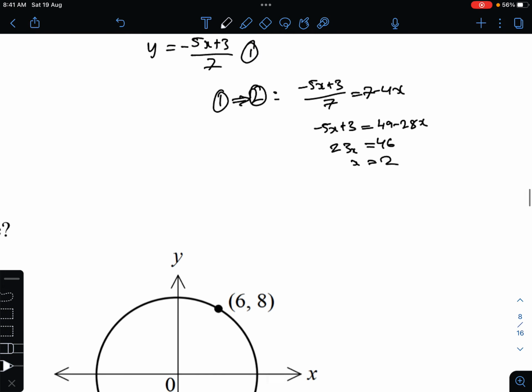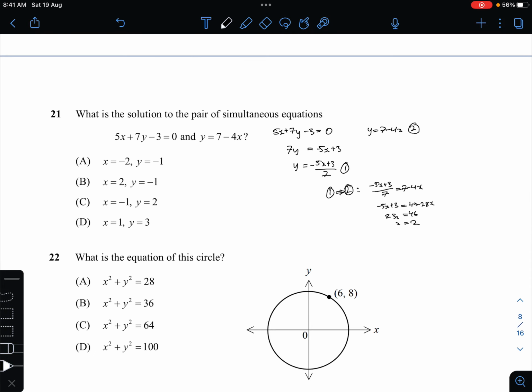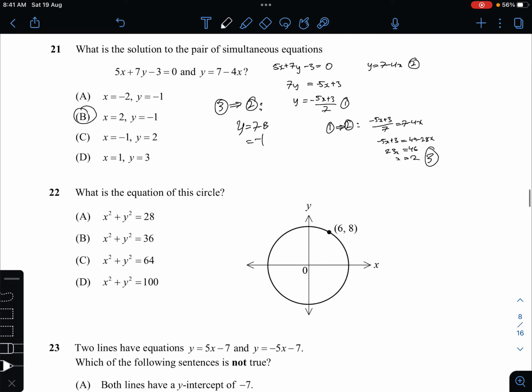So we find x equals 2, and then you sub that in. Equation 2 seems the easiest. y equals 7 minus 8 equals negative 1. So x is 2, y is negative 1, therefore it's B.